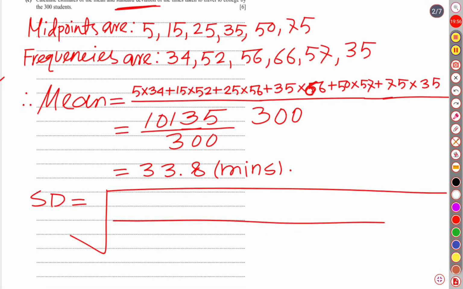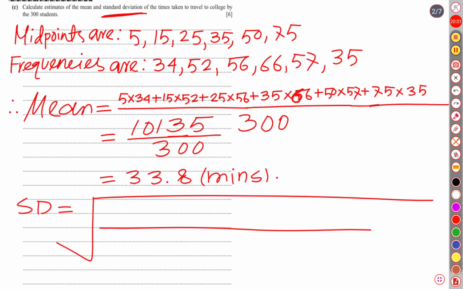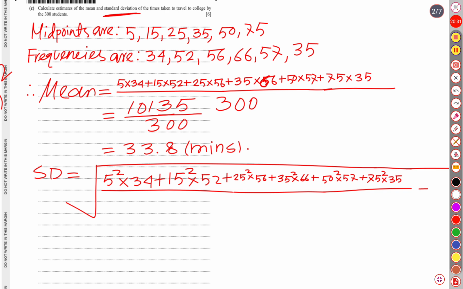All the midpoints will be squared. So it is going to be 5 squared into 34 plus 15 squared into 52 plus 25 squared into 56 plus up to 75 squared into 35, over n.